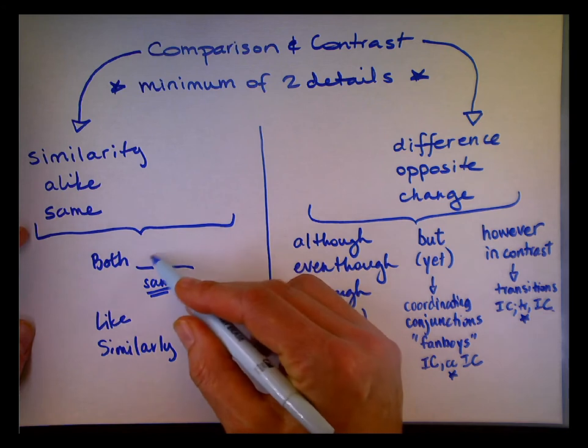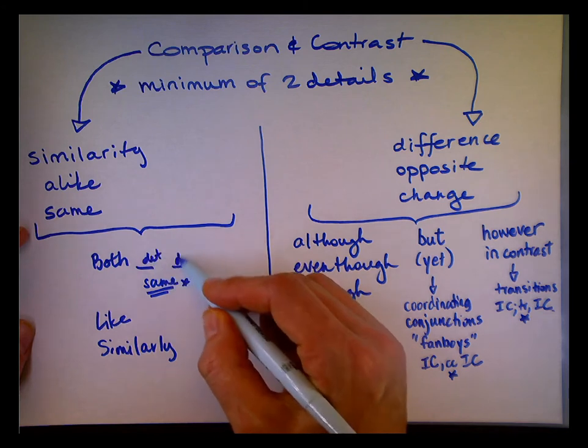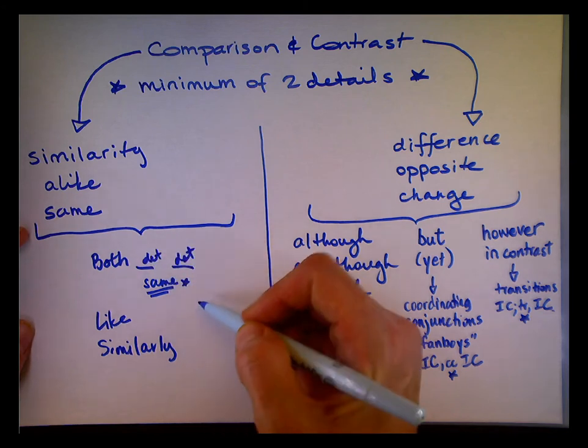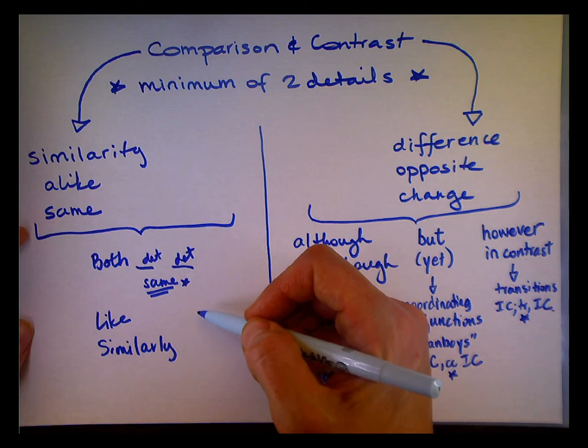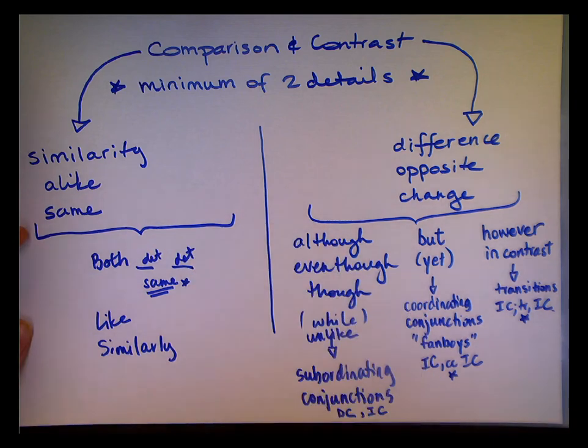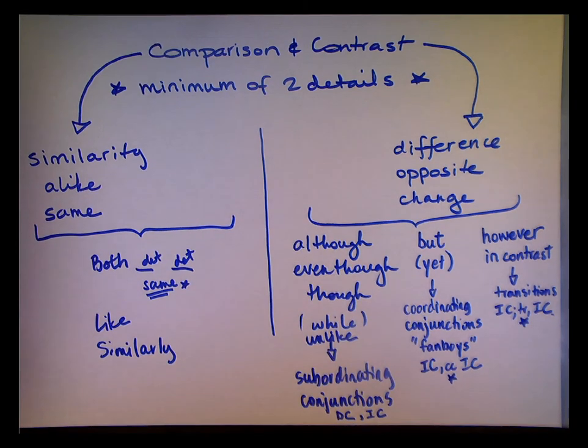You could even say comparatively, but now we're getting really fancy. You probably would not say that in conversation, but that could show up in a more argumentative essay. Like I told you, there are not very many words for comparison clues. We will have to rely a little bit more on the two details and what is said about the two details, and we will probably know as much from the clue words as from our common sense that they're simply one and the same thing.